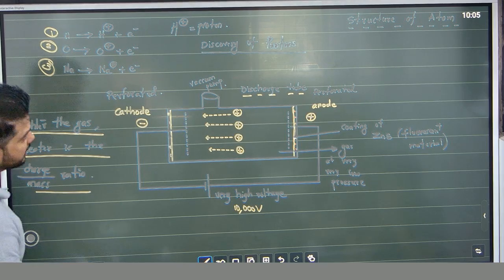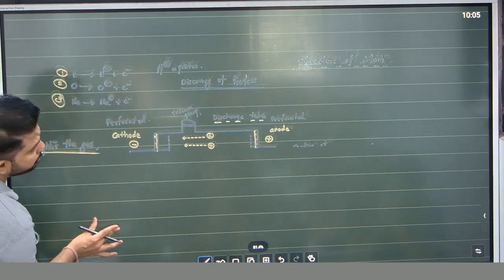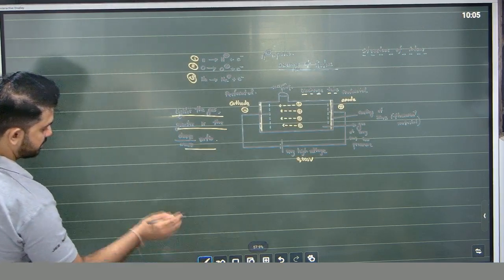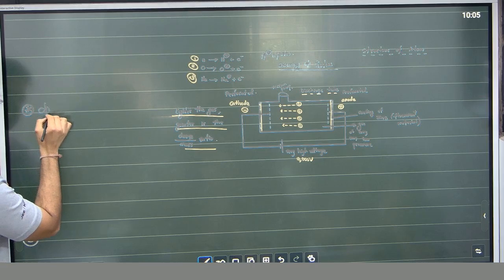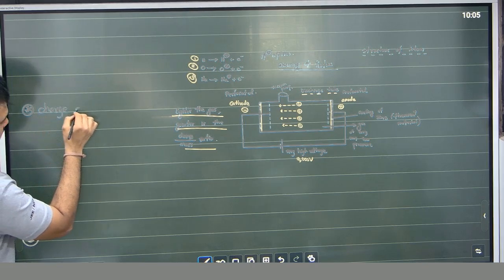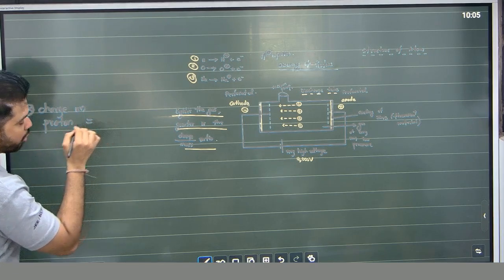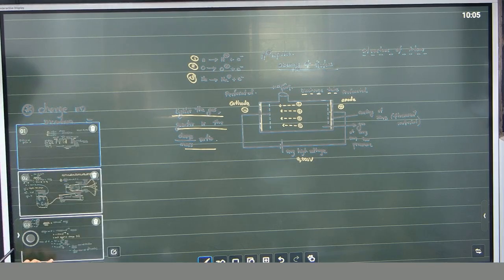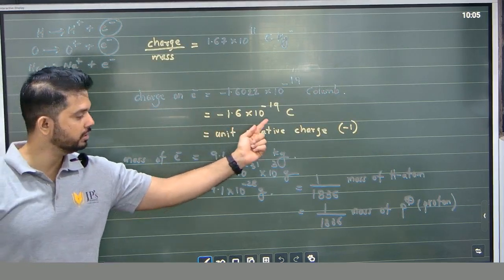Yes or no? Can someone give me the charge on a proton? Plus 1. How much was the charge on the electron?